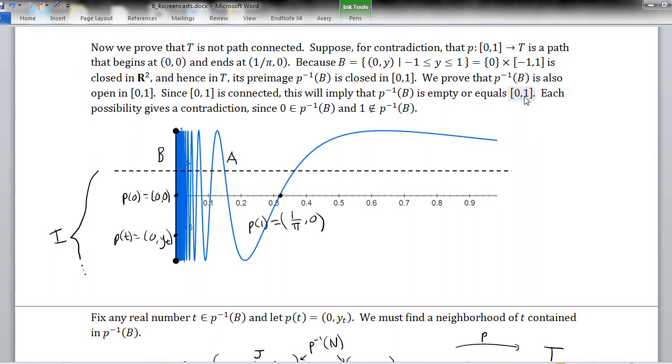So that is the idea of the proof. The only step that requires some more work is showing that the preimage of B is open.